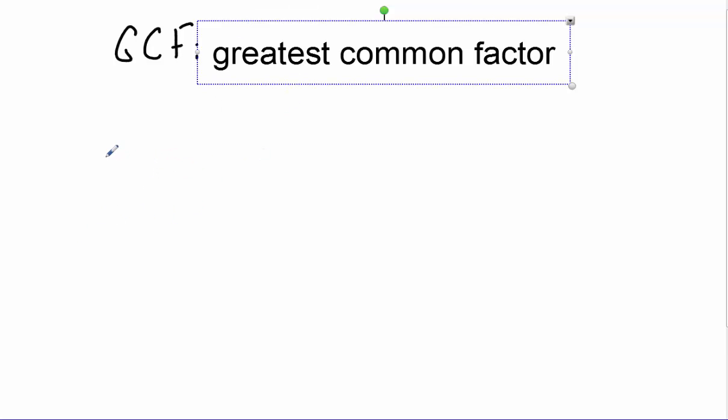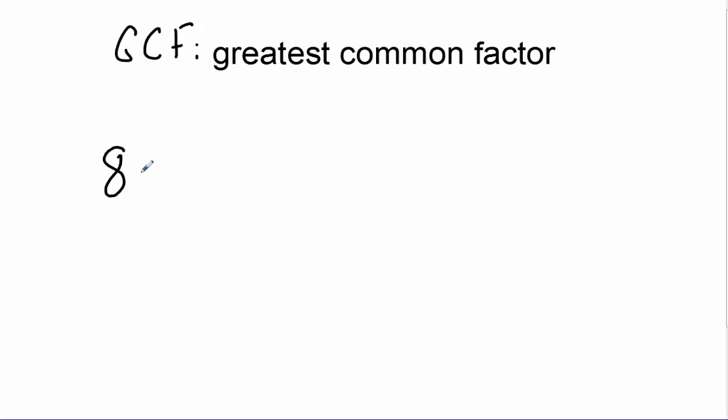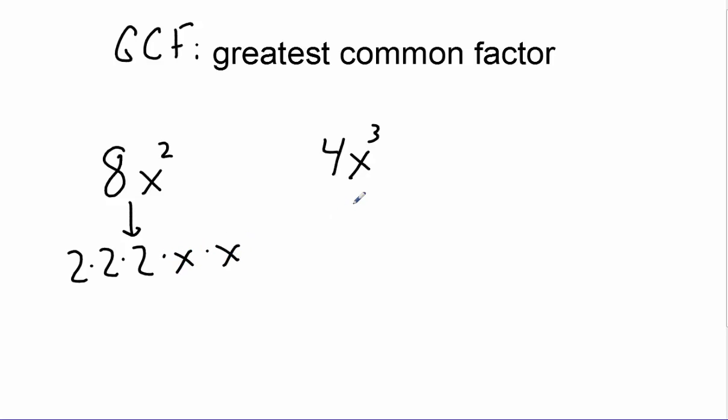So we'll just start off with an easy one. If we have 8x squared and 4x to the third, you first want to break it down into what these both become. So we'll break this down to our prime factors, and it's 2 times 2 times 2 times x times x.